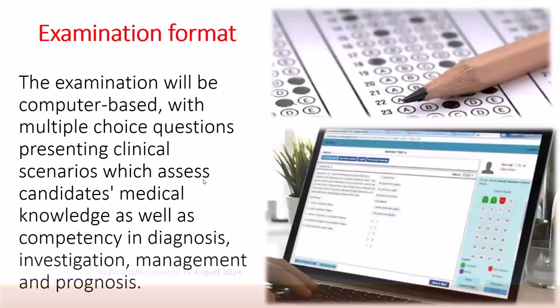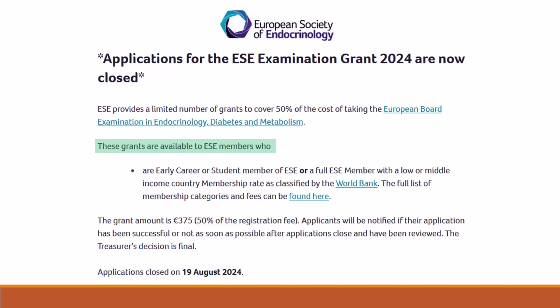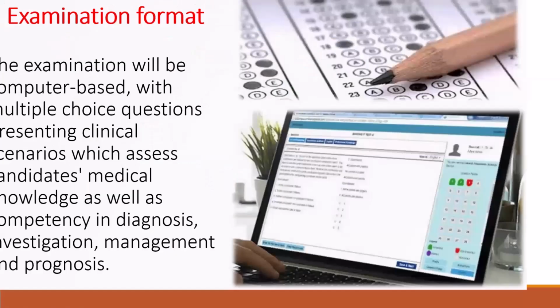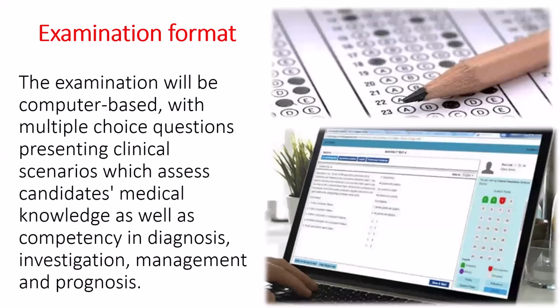The grant in the previous year closed on the 9th of August 2024. In 2025, it is usually the same days, maybe one or a few days up or down.